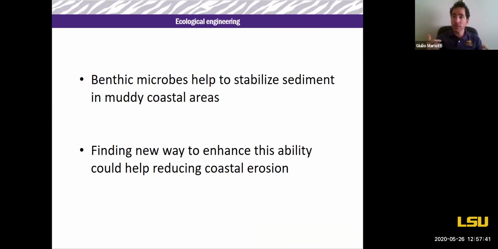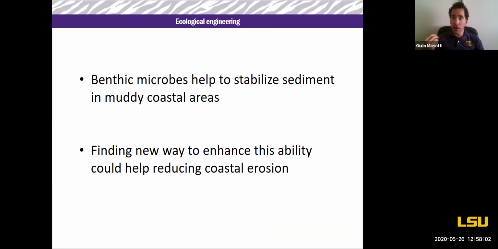We found that adding nutrients, the condition that you get with eutrophication, might actually increase this ability to stabilize sediment. So it's almost one of the few positive outcomes of eutrophication.